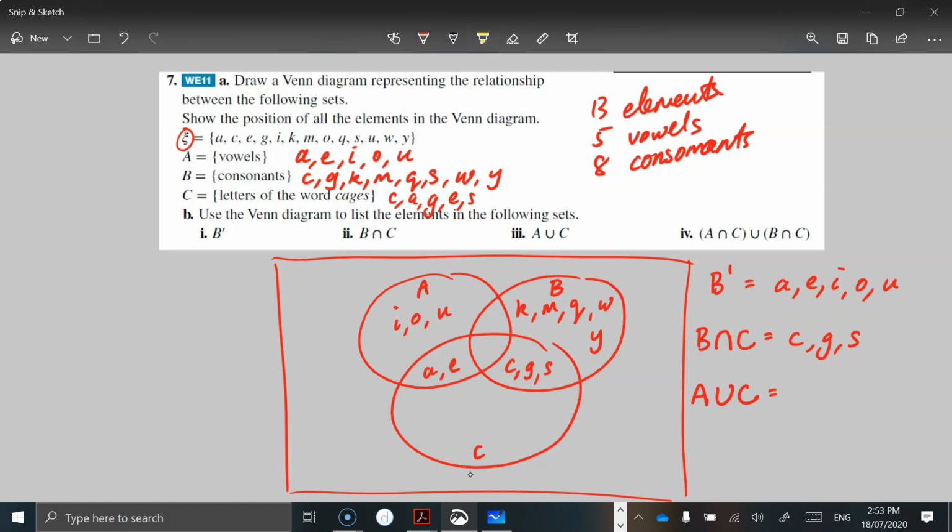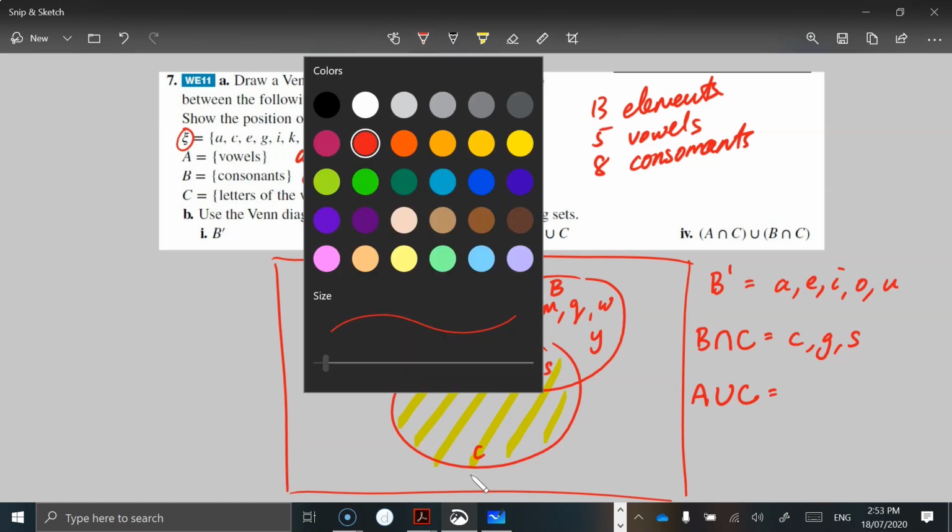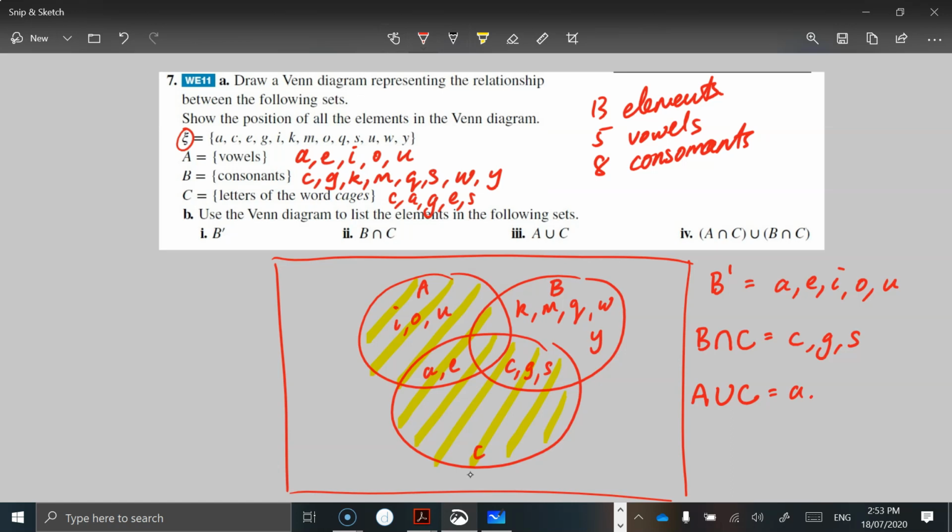So I might shade it for you. So everything that belongs to A union C is going to be that, all right? So A union C is going to be A, E, I, O, U, and then it's going to be C, G, and S, all right?